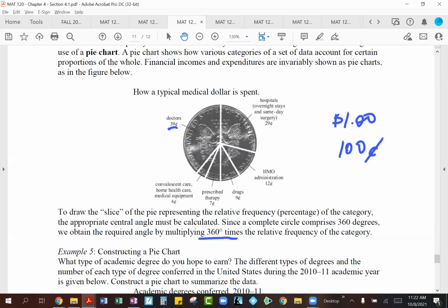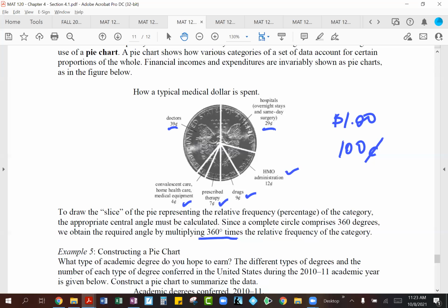You can see 39 cents are going towards doctors. 29 cents are going to the hospitals for overnight stays and same day surgery. 12 cents will go to your HMO administration. 9 cents are going towards drugs, and any prescribed therapy would be 7 cents. And the remaining 4 cents would be going towards convalescent care, home health care, and medical equipment.